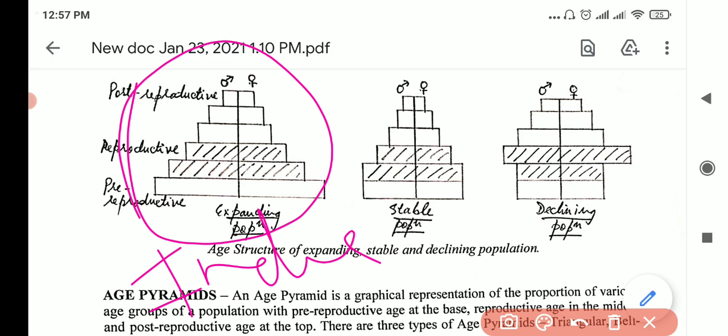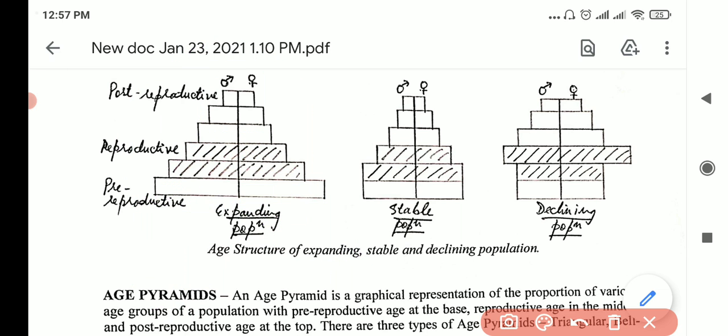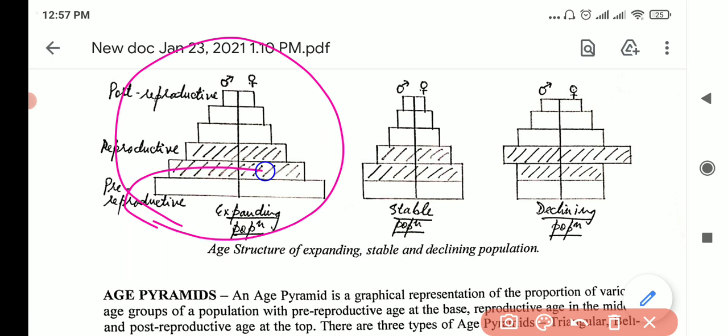We have many children, we are still having many young people, many people in their 20s, many in their 30s, and lesser old people. So this is an expansive population like India. We are still having so many children and many young people, but the old people are fewer.